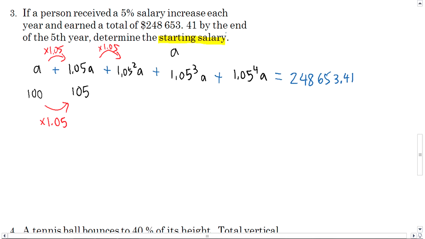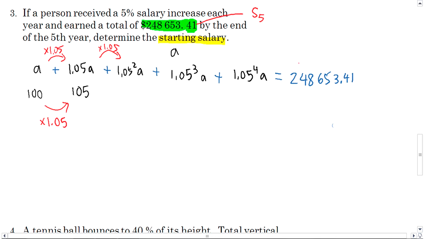So let's identify what we've got. This here is actually S something. What's their n? N is 5. So the sum of the first 5 terms is this massive amount here.